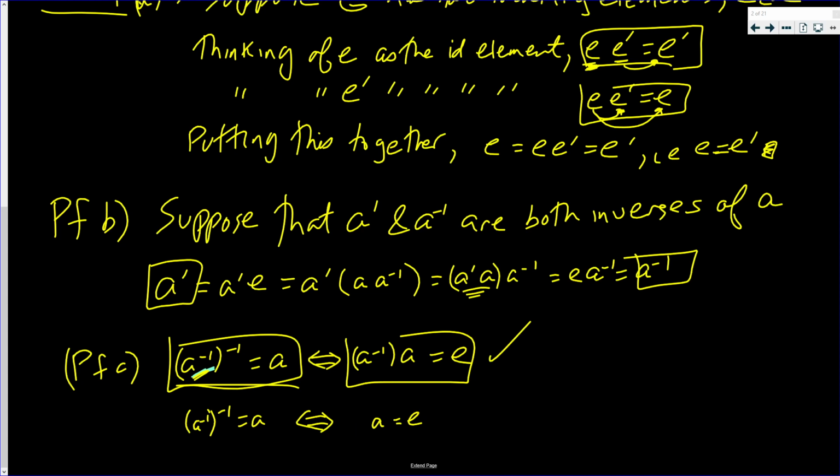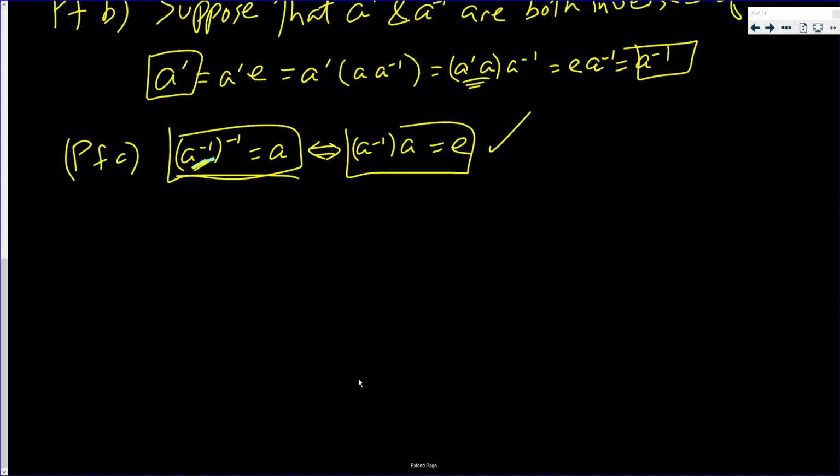Just because it has an inverse doesn't mean that it isn't an ordinary element. Okay, if you multiply these two and you get E, then the inverse of this one, A inverse inverse, is A. Okay, so that proof was just by checking.